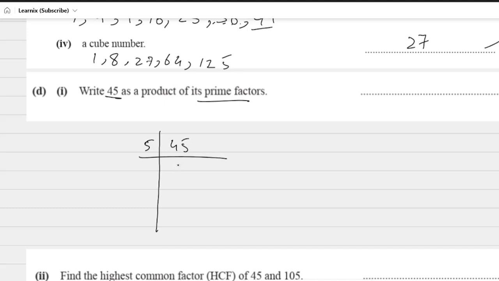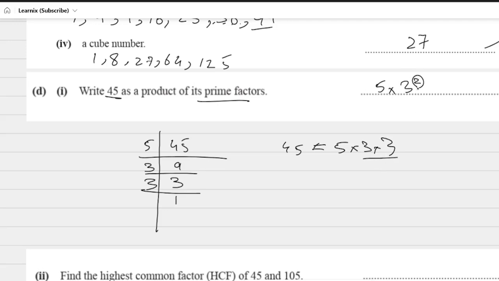This gives us 9, right? We have 3, it's going to give us 3, then we have another 3 to give 1. So 45 equals 5 times 3 times 3, and if you put this into your calculator, indeed you're going to get 45. So 5 times 3 squared. Since 3 is occurring 2 times, you can write a square.